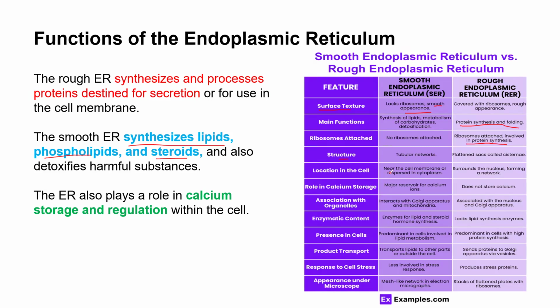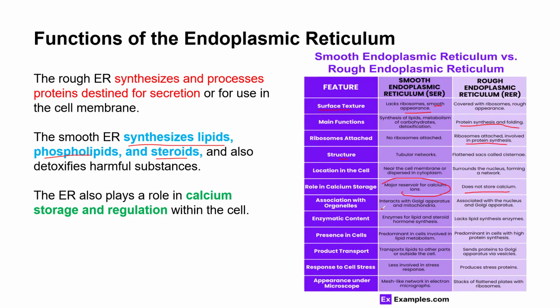Location in a cell: the smooth endoplasmic reticulum is near the cell membrane or dispersed in the cytoplasm, while the rough endoplasmic reticulum surrounds the nucleus, forming a network. Role in calcium storage: the smooth endoplasmic reticulum is considered a major reservoir for calcium ions, while the rough endoplasmic reticulum does not store calcium.